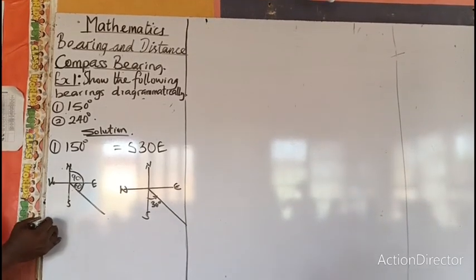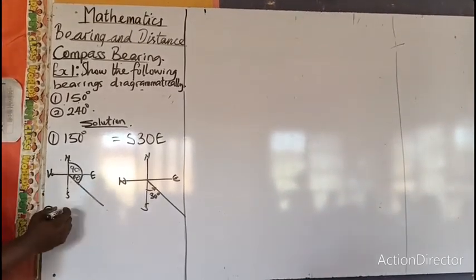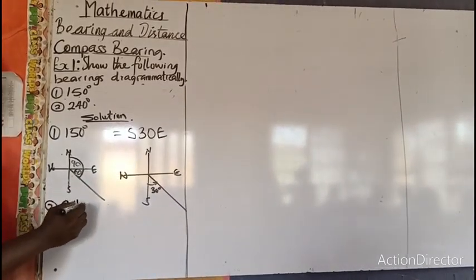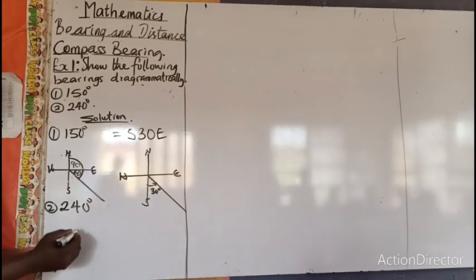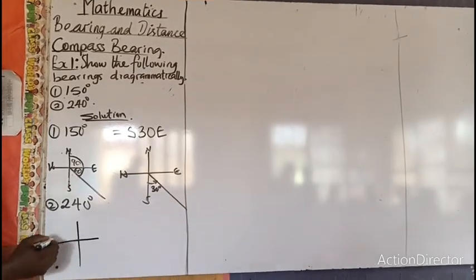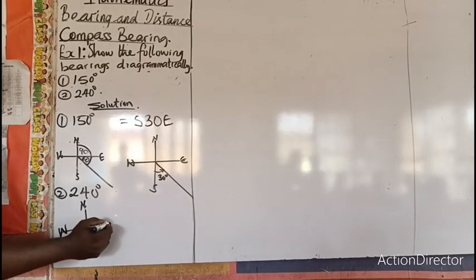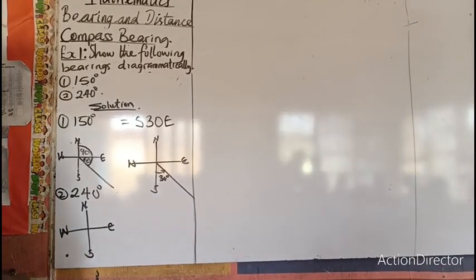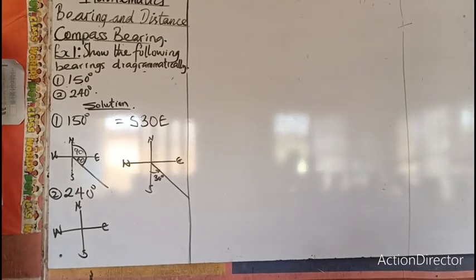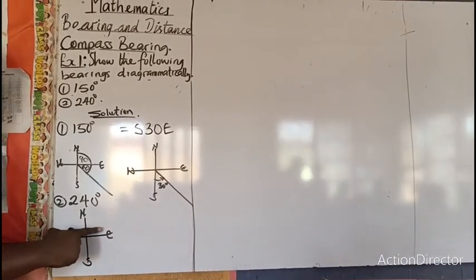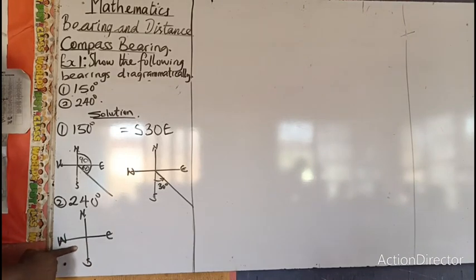Okay, let's look at the second one so that we can be sure we understand before we now do questions on it. 240 degrees. What do we do also? We do our four cardinal points: north, south, west, east. Good. Now, where is 240 going to be? Is it going to be on this place? No. Here? No. Here? Yes.